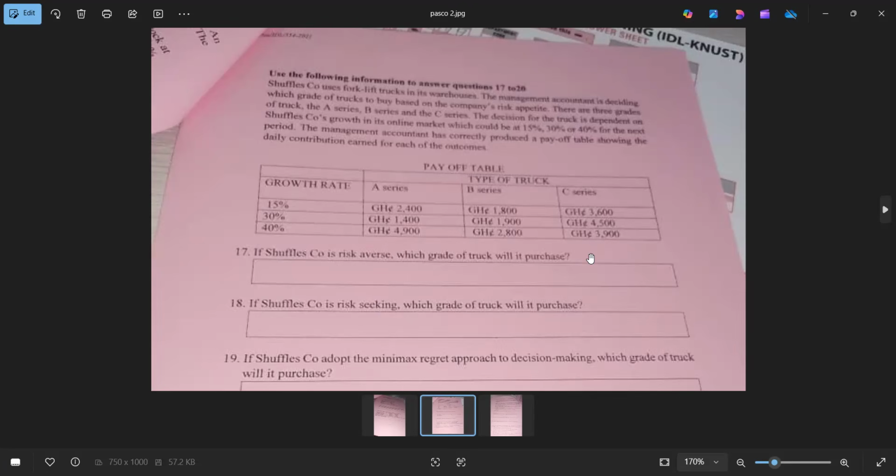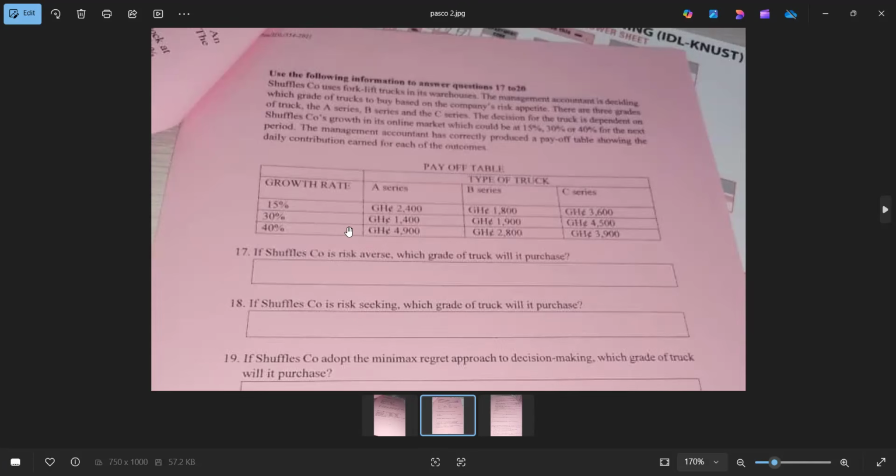Which one is the maximum? 36. Are you sure? So which series of truck would you advise Shuffle Co? C series. Here we write the series. You don't write the figures. You don't write the payoff. You write the alternatives.